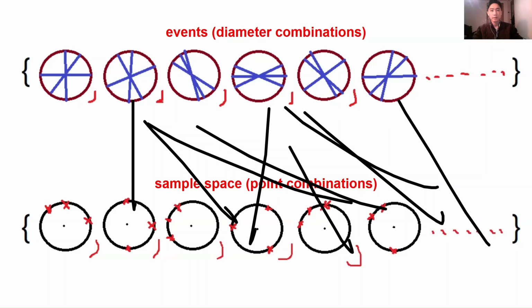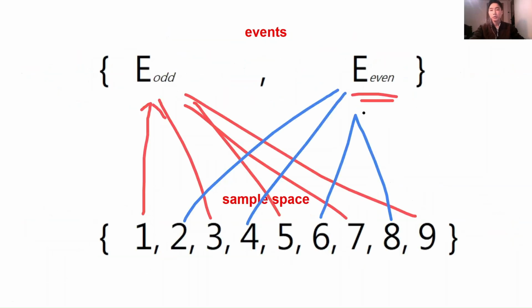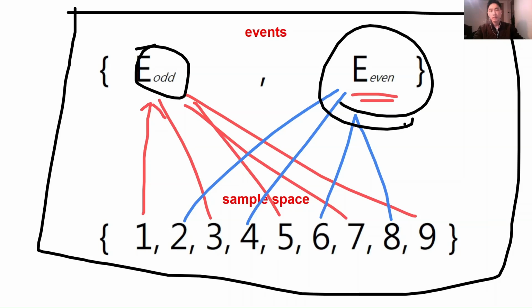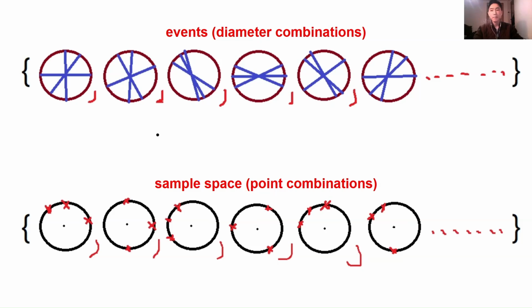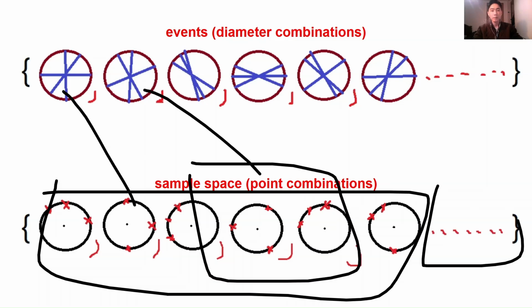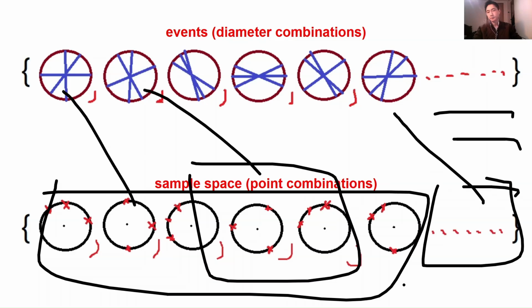It's like what we did in the simple example: this 1, 3, 5, 7, 9 belongs to event odd, and this 2, 4, 6, 8 belongs to event even. So now we do the same thing. Some of them belong to this, some belong to this, and so on and so on.